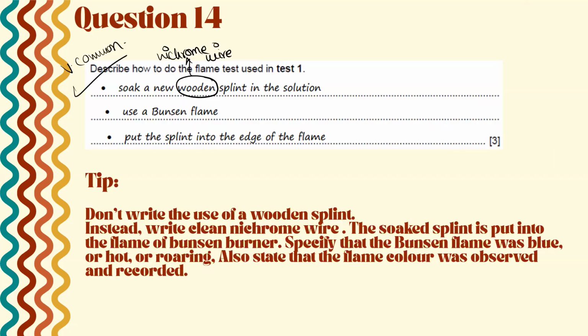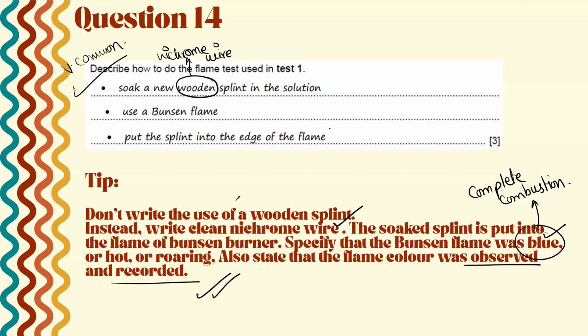It resists high temperature. So don't write the use of a wooden splint. Instead, write clean nichrome wire. The soaked wire is put into the flame of a Bunsen burner. Specify that the Bunsen flame was blue. It should be blue to carry out the flame test, because a blue flame indicates complete combustion, and complete combustion gives the color more accurately. Also say that the flame color was observed and recorded. This also you should mention.